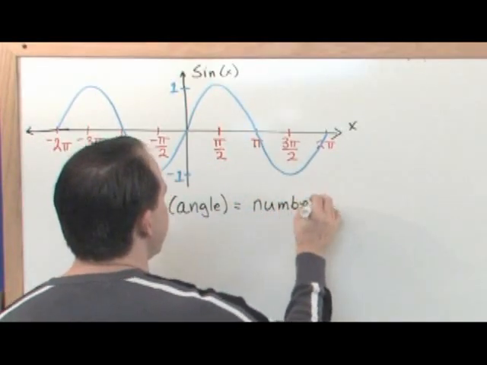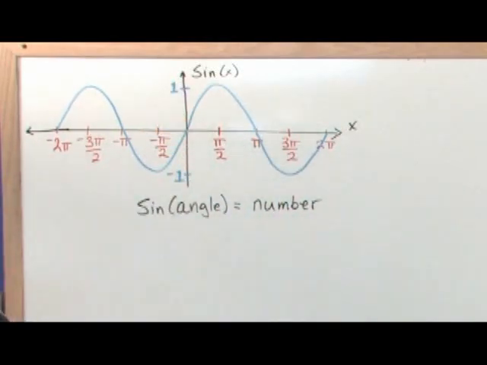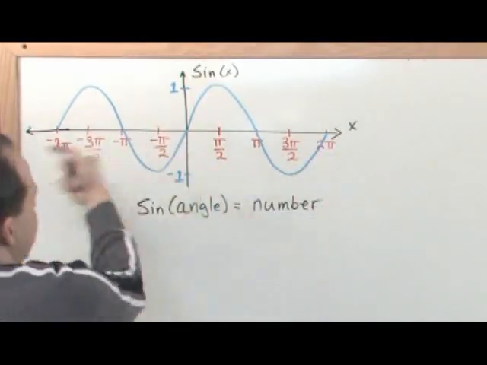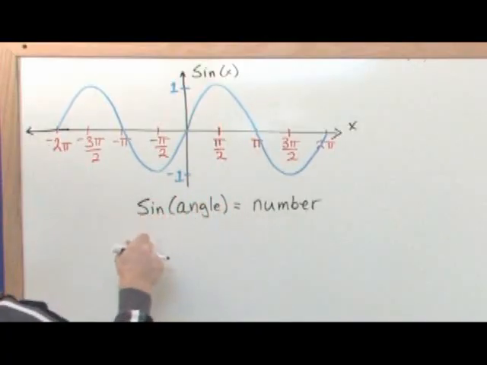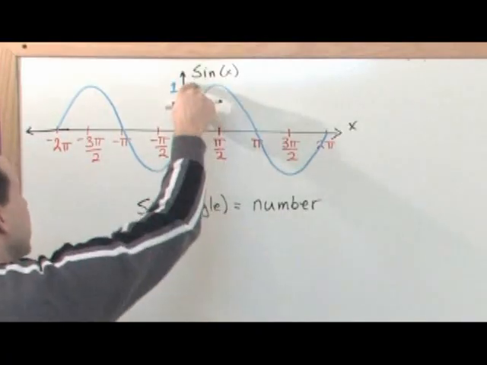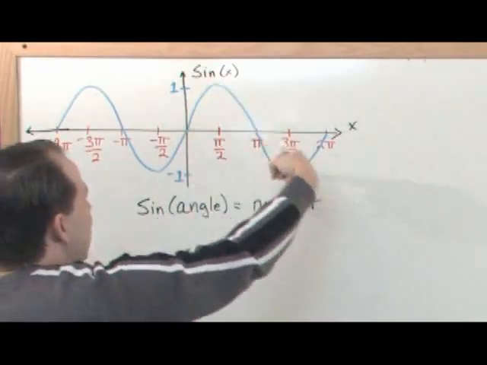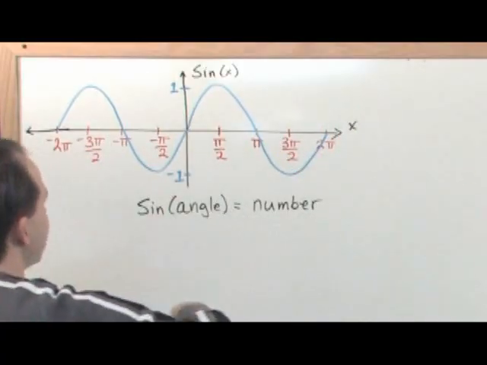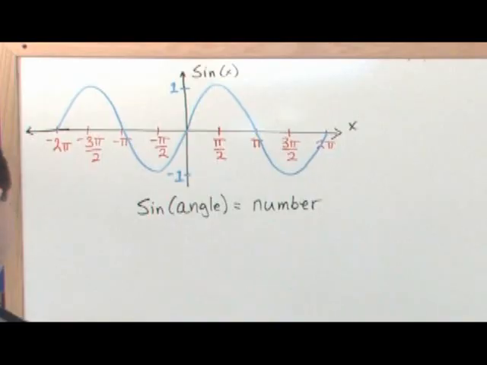This number lies between positive 1 and minus 1, because any angle we put in, no matter if we go on to infinity or negative infinity, is going to spit out a number between these values. There's repetition here: one cycle of the sine function, then another cycle and another. No matter what angle you put in, you always get something between positive and minus 1.